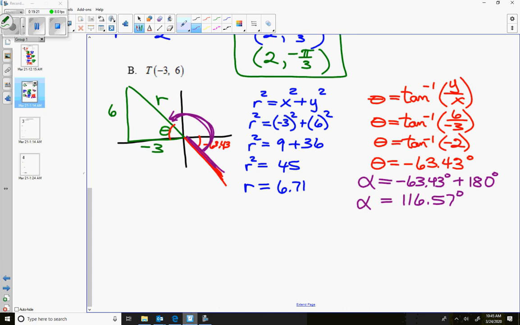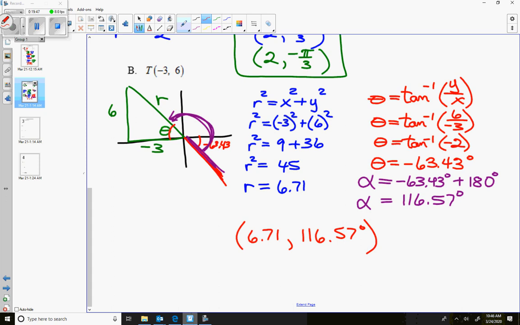Makes sense now. So, writing my answers, the most direct answer would be radius of 6.71 at 116.57 degrees. Now again, that is simply one of the 4 polar coordinates.